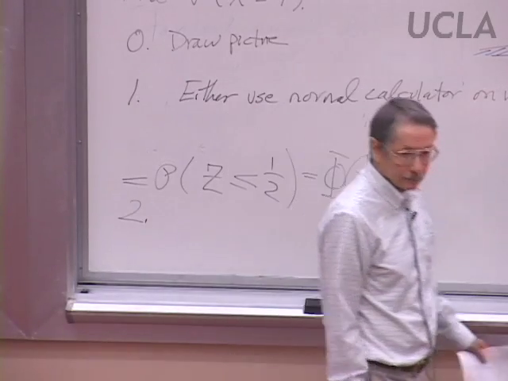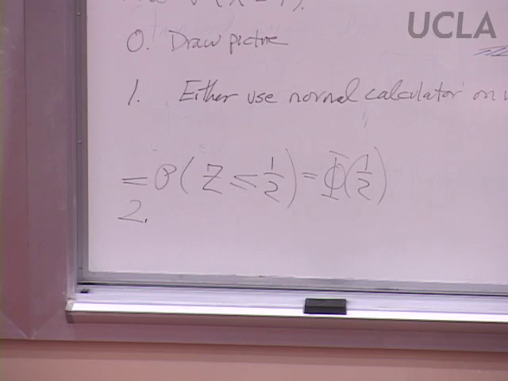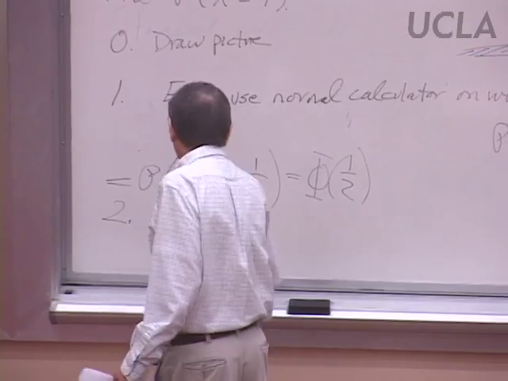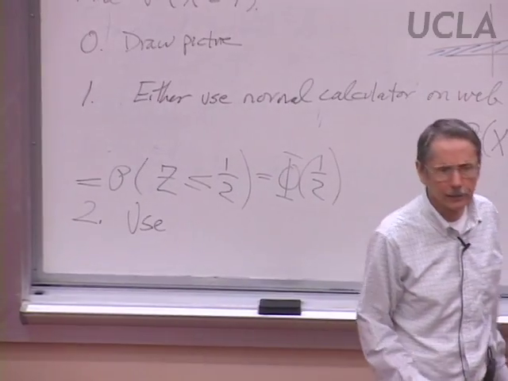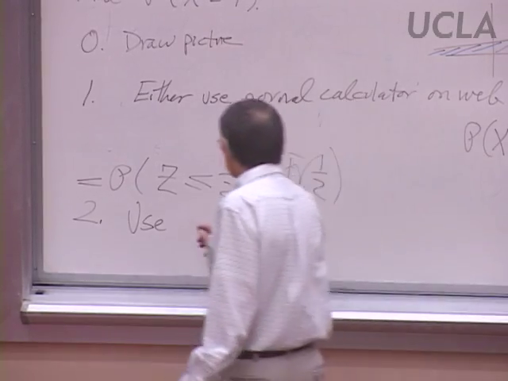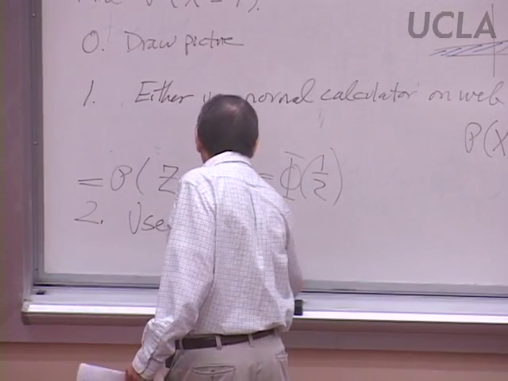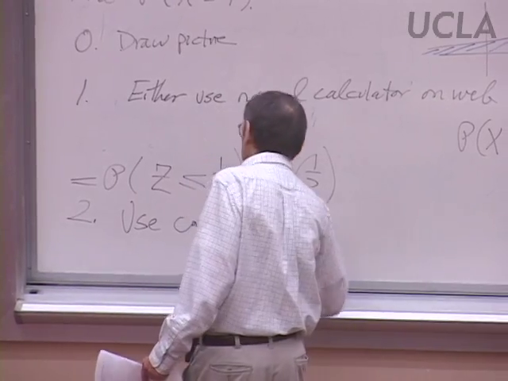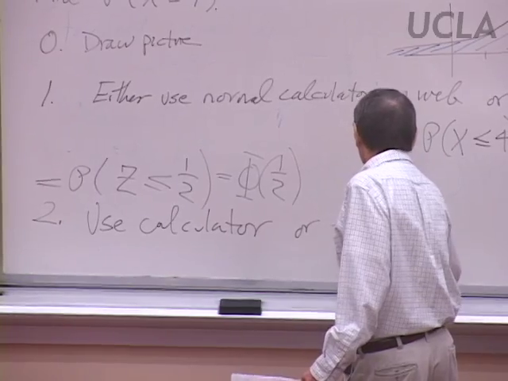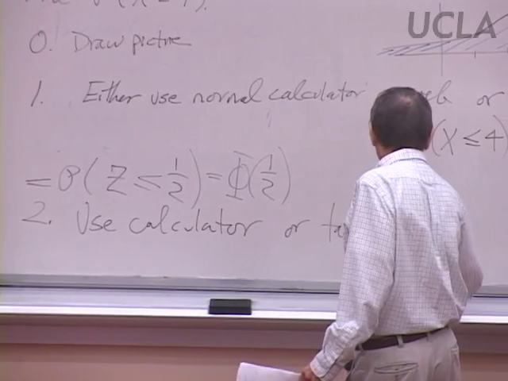Well, now we have a choice. We can ask our calculator what Φ(1/2) is. Assuming you have a statistical calculator with a phi button on it, you ask it for Φ(1/2). Or if you don't happen to have access to a statistical calculator, we use the table on page 919.